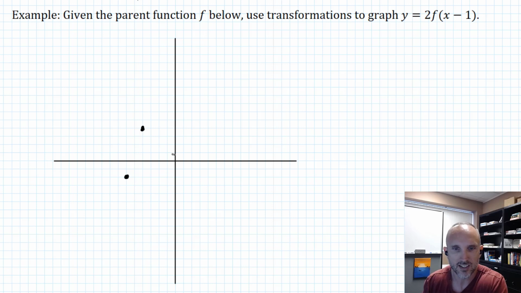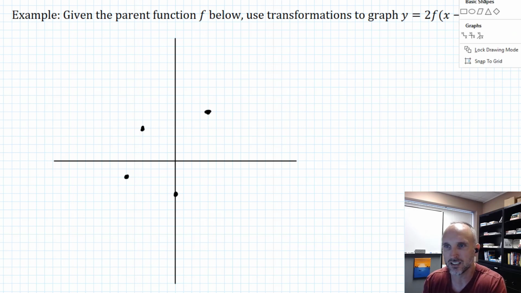Let's plot a point at 0, -4. And let's plot a point at, how about 4, 6? So 1, 2, 3, 4, 5, 6. And we're just going to connect these points sequentially with straight lines.